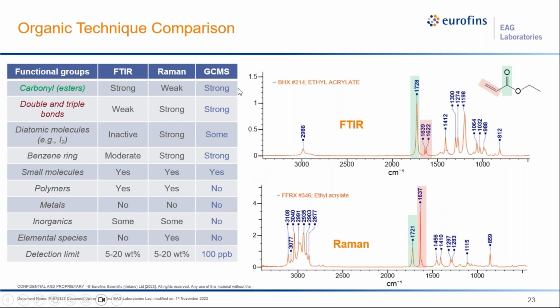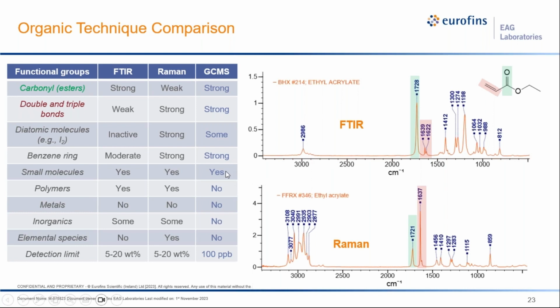Now, when you bring GCMS into the picture, you can see that GCMS can detect carbonyls, triple and double bonds, some diatomics, and benzene rings very well. But one thing it can't do is detect anything other than small molecules. That's because GCMS is really a semi-volatile and volatile technique, and only molecules that are smaller than 800 grams per mole can be detected.